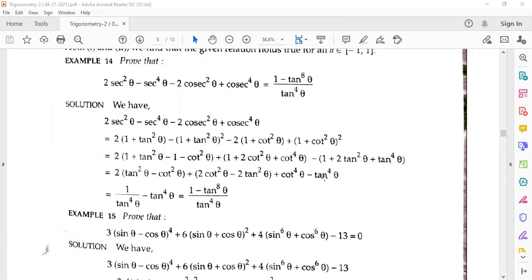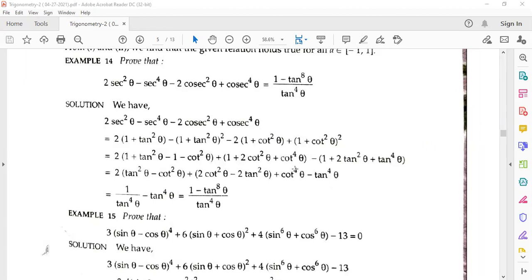So from here, look at here, if we multiply by this, then 2 tan square theta minus 2 cot square theta, and if we just observe here, then it will be plus 2 cot square theta minus 2 tan square theta. This minus 2 tan square theta plus 2 tan square theta cut, and 2 cot square theta here minus 2 cot square theta cut.